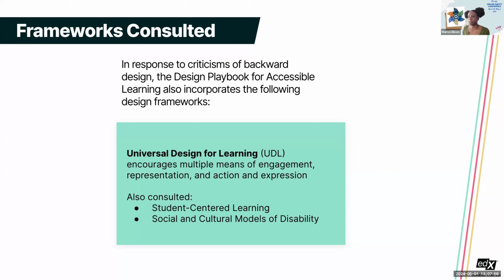So it encourages multiple means of engagement, multiple means of representation, and also multiple means of action and expression. In addition to UDL, we also consulted some other frameworks which were asked about in the poll. Student-centered learning, which, as the name implies, centers students in the learning, and also the social model of disability, as well as the cultural model of disability.